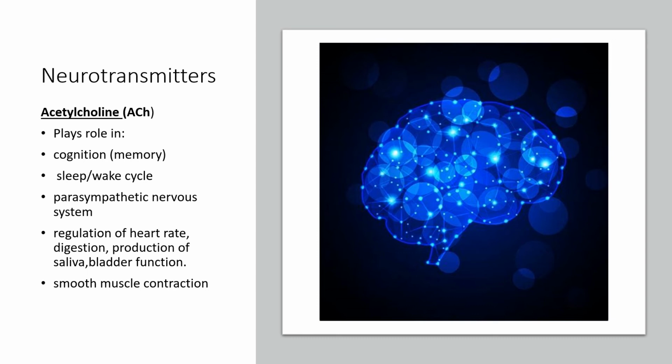And remind yourself, what is the parasympathetic nervous system? What's it responsible for? You should know that it's responsible for homeostasis. Remember, the sympathetic nervous system is responsible for the fight or flight response, and the parasympathetic nervous system brings us back to that balanced state of functioning. So those are just a few of the things that acetylcholine is responsible for.